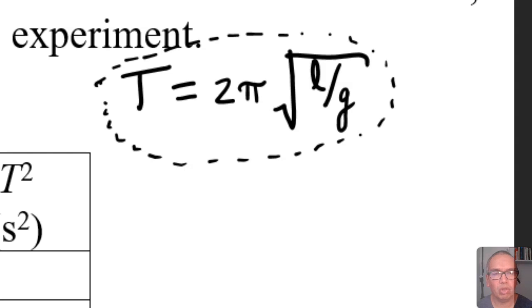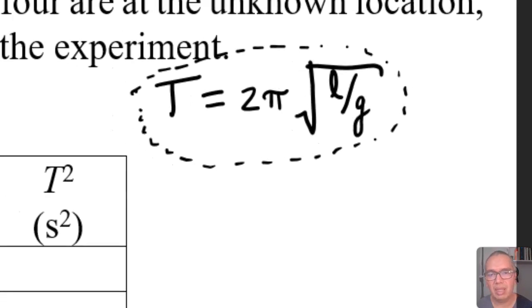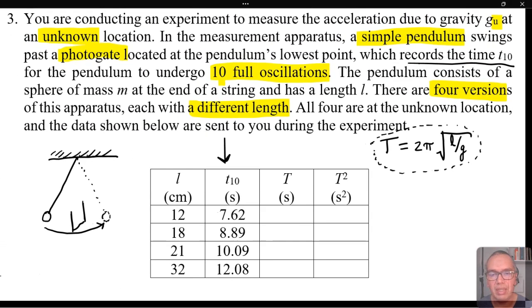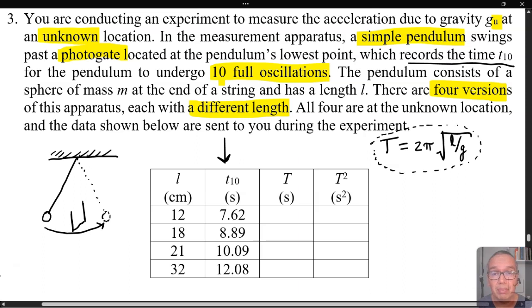So this formula is going to be very important later. But right now, the important part is that you are getting different values for the time because you have different lengths. 12 centimeters, 18 centimeters, 21, 32 centimeters, etc. And so you get different values for the time, and therefore you're going to get different periods.